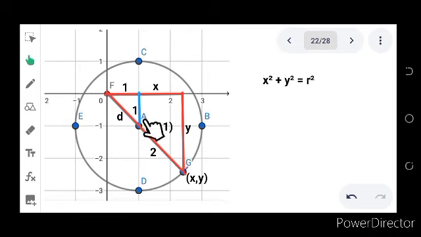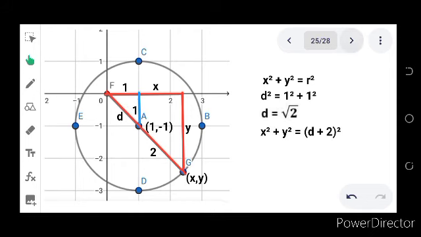We will consider this as a triangle. We now have these sides, so we can use the Pythagorean theorem. d squared equals 1 squared plus 1 squared. That gives us d equals square root of 2. Now we have the radius, or the hypotenuse of the bigger triangle, the red triangle, equal to d plus 2. Applying the Pythagorean theorem, x squared plus y squared equals the hypotenuse, which is the same as the radius, with a length of (d plus 2) squared.